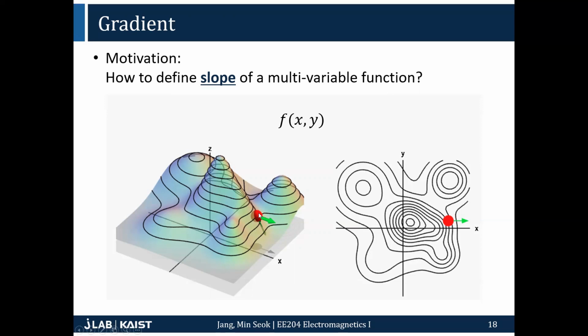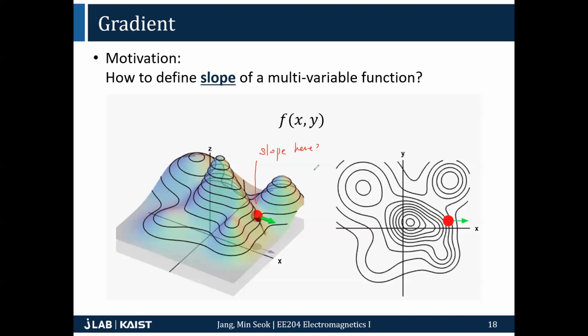And here's an interesting question you can raise. If somebody asks you here, what's the slope of this mountain at this point, or the slope of this function at this point?